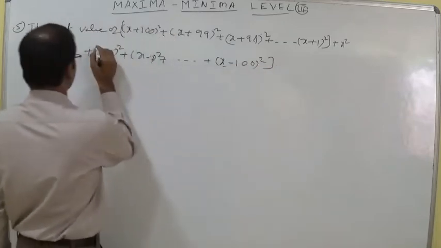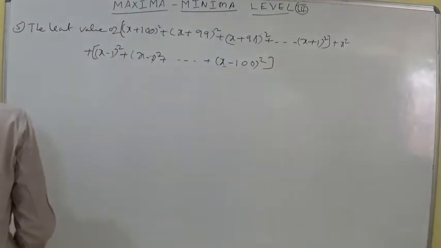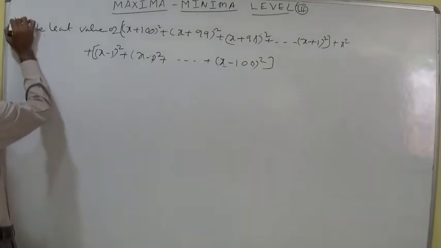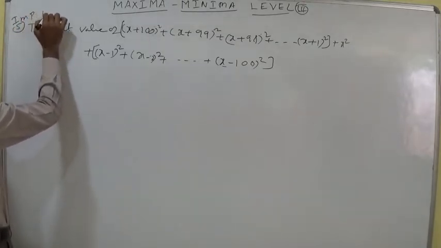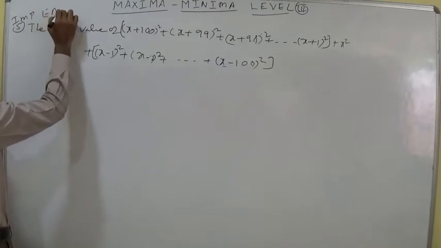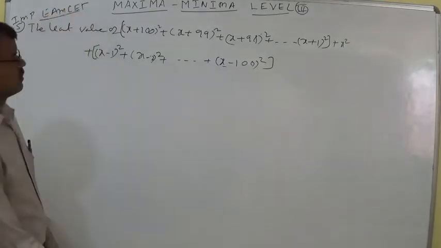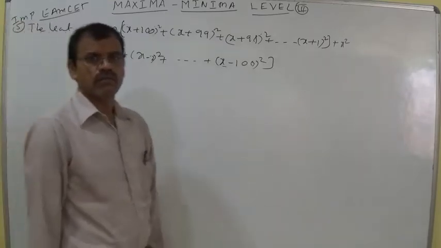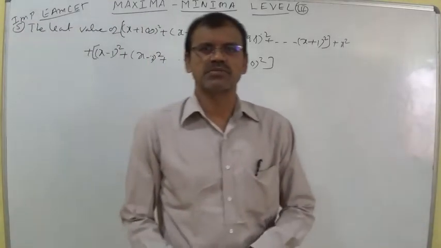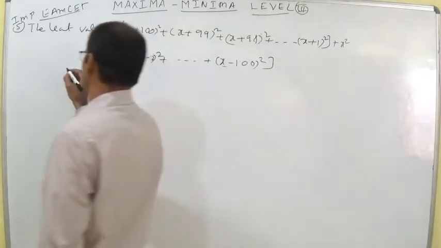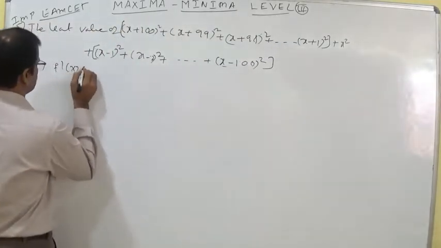You should calculate the least value of these numbers. This is important for the exam. To find whether the function is at a minimum or maximum, we know that f'(x) = 0. Let us write f'(x) = 0.